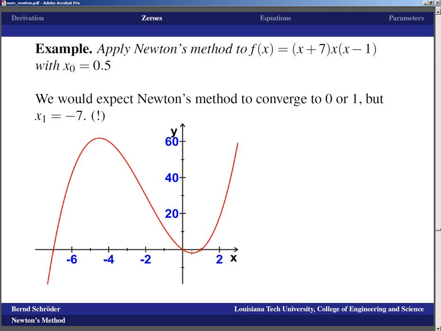Here's 0, here's 1, here's 1/2, and the tangent line is very flat and actually hits the x-axis exactly at x1 equals negative 7. I certainly set that up to work out just this way, to demonstrate that Newton's method need not necessarily find the 0 that is nearest to your input. So if you've got multiple zeros, you may have to have multiple restarts, and some of the restarts may give you a 0 that you didn't quite expect at that stage.